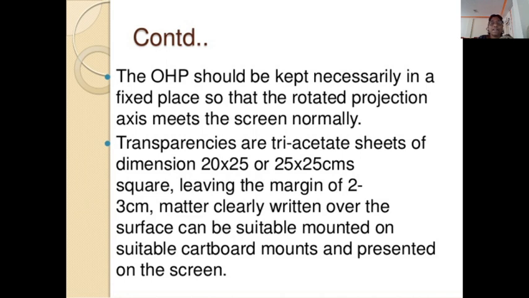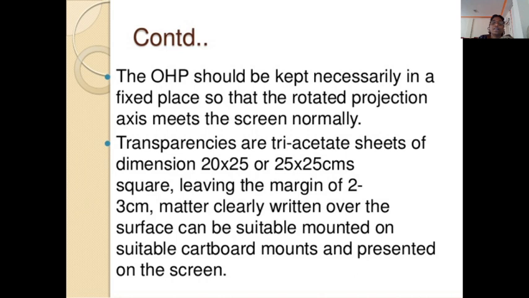Then transparencies or triacetate sheets of dimension 20 into 25 or 25 into 25 centimeters square, leaving a margin of 2 to 3 centimeters. Matter clearly written over the surface can be suitably mounted on cardboard mounts and presented on the screen. The OHP should be kept in one place. Always we should not move it here and there.